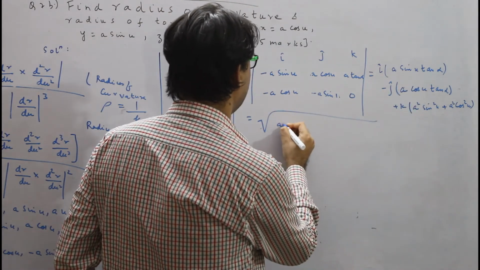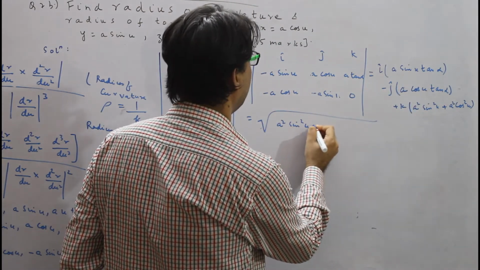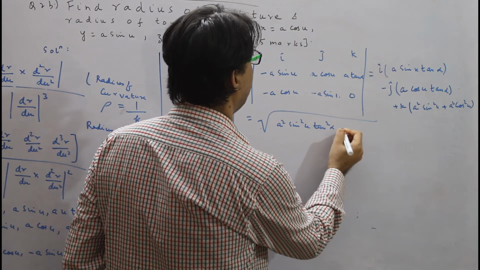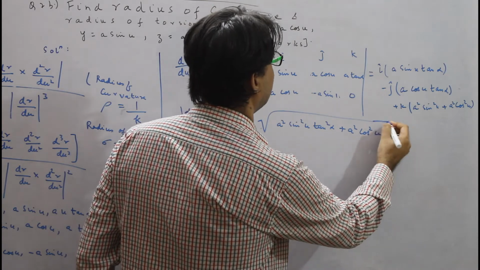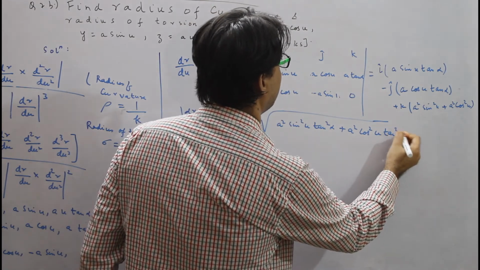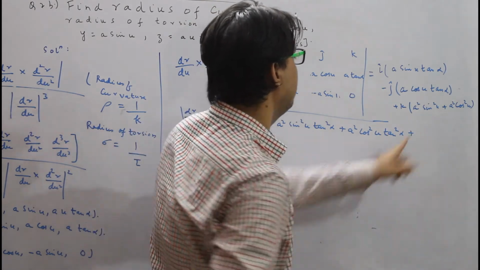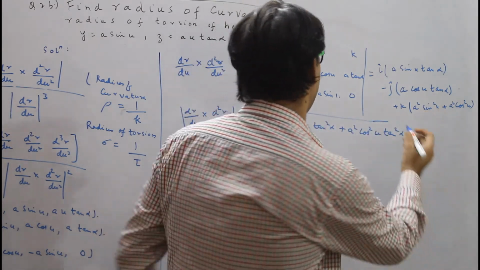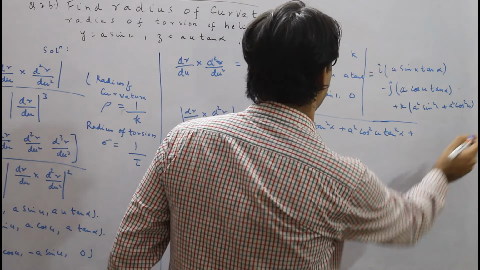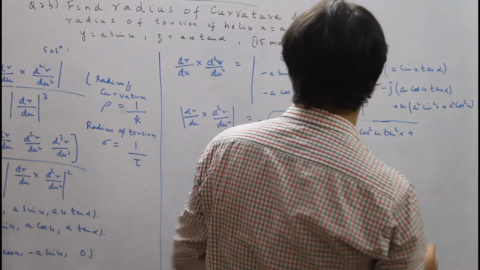This is a square sin square u tan square alpha plus a square cos square u tan square alpha, and sin square u plus cos square u is 1, so this is a square itself.